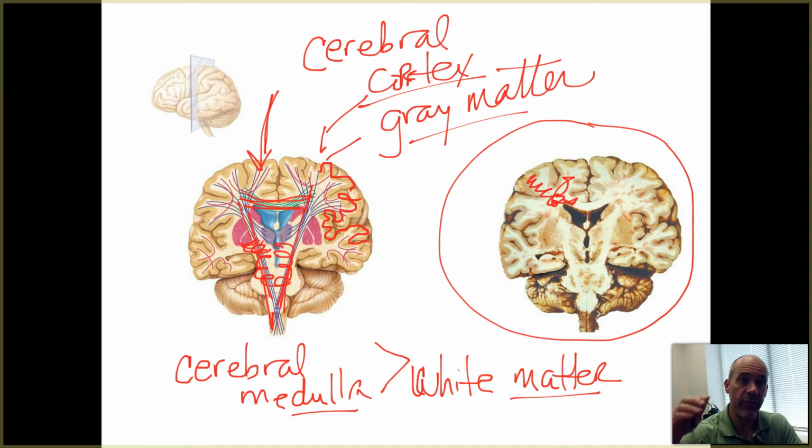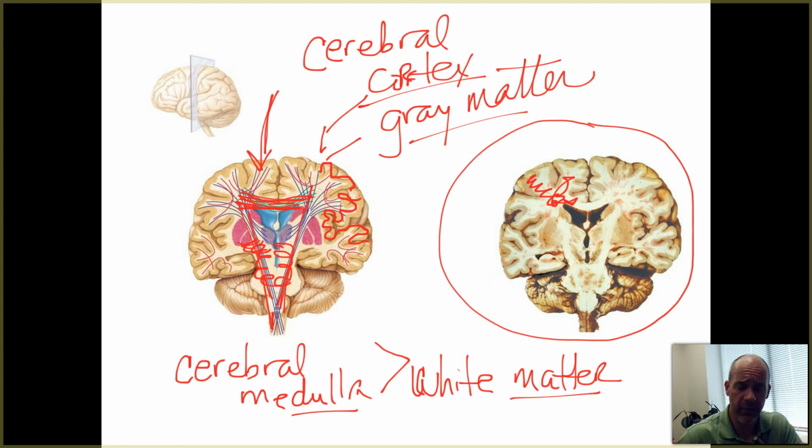Some of those axons are traveling downward from the cerebral cortex because the cerebral cortex makes decisions and they have to communicate with neurons that are down lower in the central nervous system, like down in the spinal cord. Some of them crisscross, like over in here, crossing back and forth from one side of the brain to the other, from the left hemisphere over to the right hemisphere.